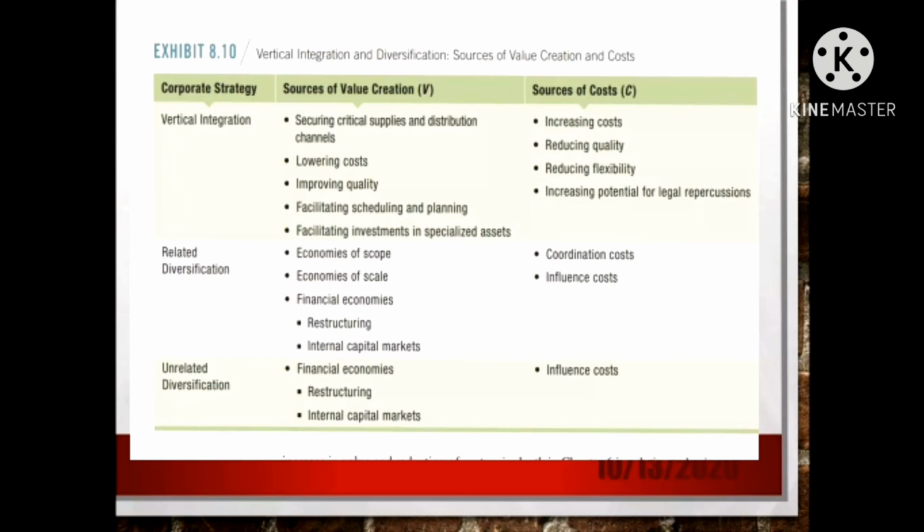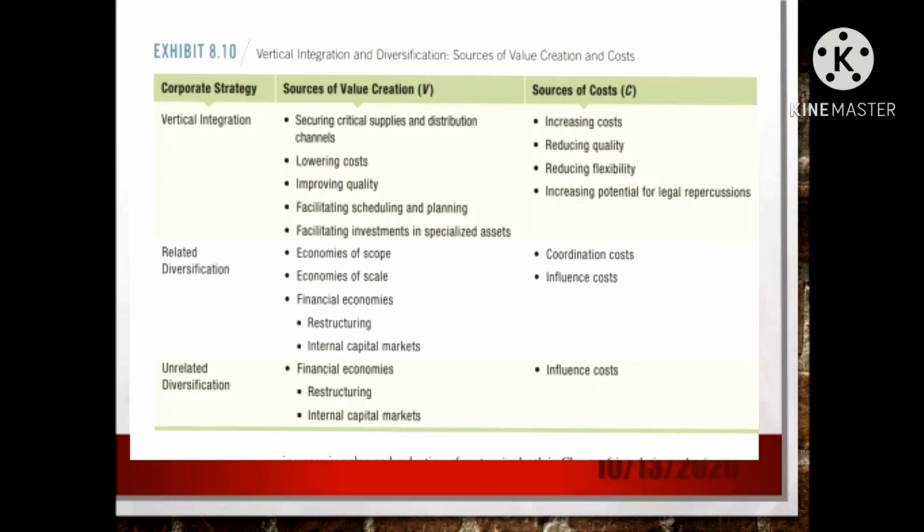Sources of value creation for vertical integration: securing critical supplies and distribution channels, lowering costs, improving quality, facilitating scheduling and planning, and facilitating investments in specialized assets. Sources of cost: increasing cost, reducing quality, reducing flexibility, and increasing potential for legal repercussions.